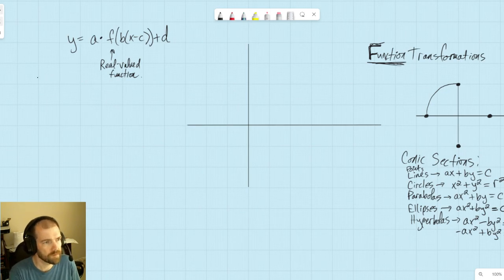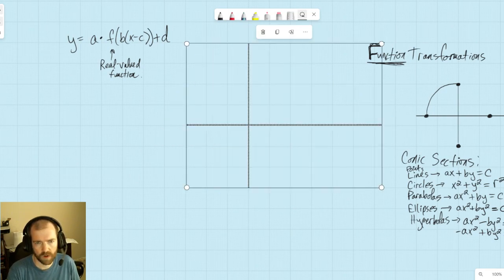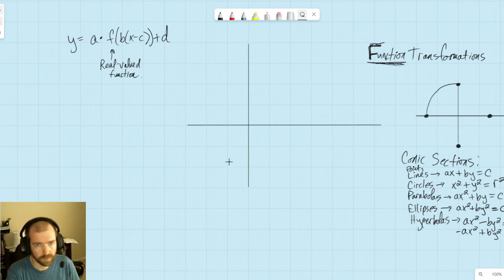So the way I did this was we started out with a set of axes like this.